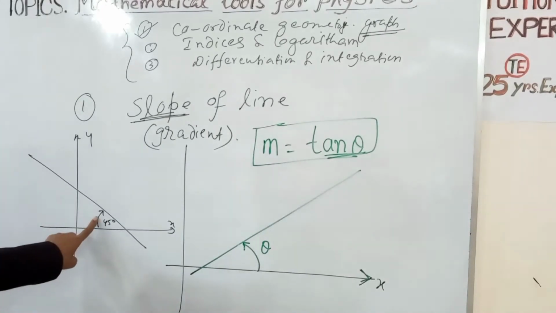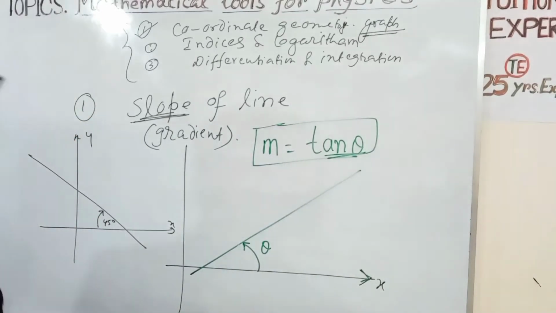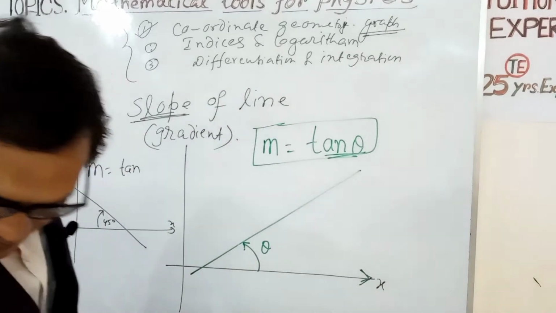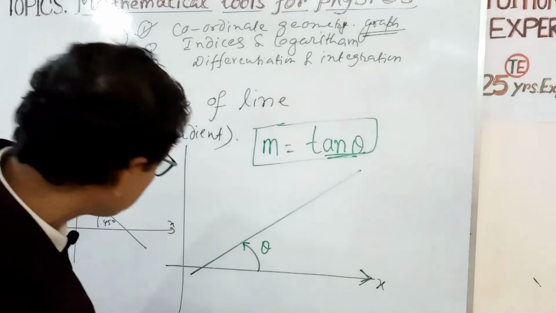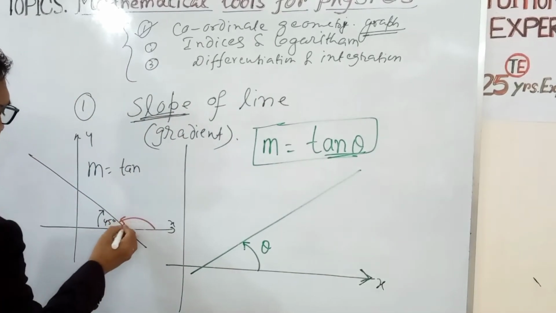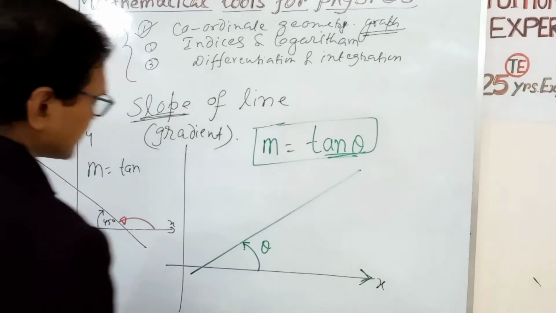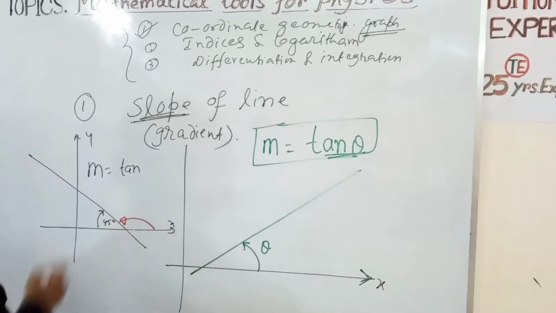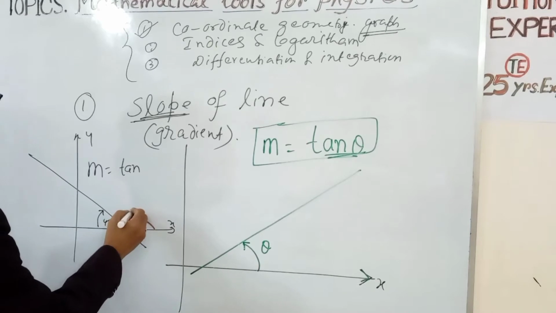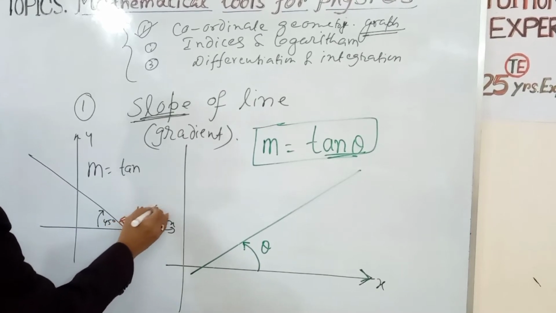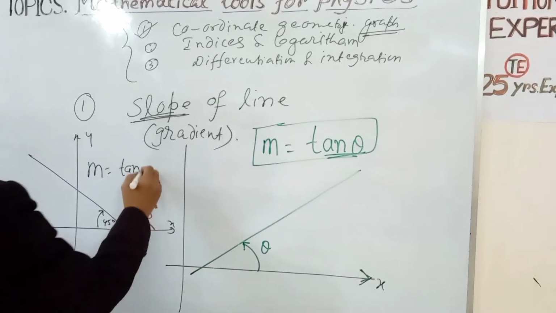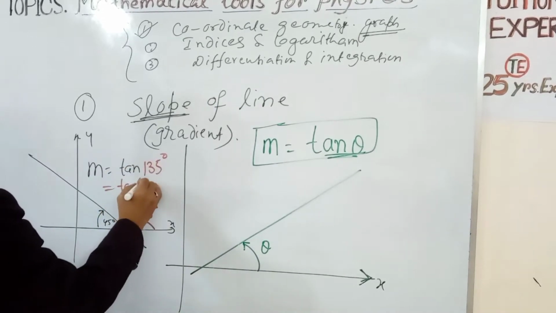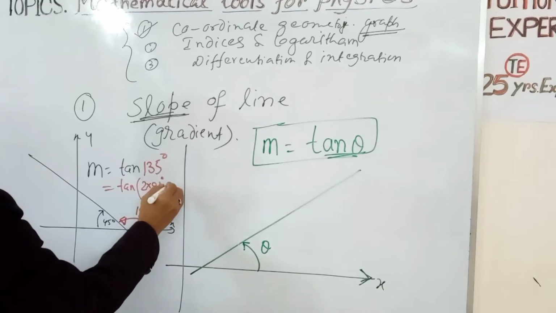We have to take this angle, because we define the angle which the line makes with the positive direction of the x-axis. So if this is 45 degrees, then this angle will be 180 minus 45 degrees, that is 135 degrees. So slope is tan 135 degrees, which from trigonometry is tan of 90 plus 45 degrees.